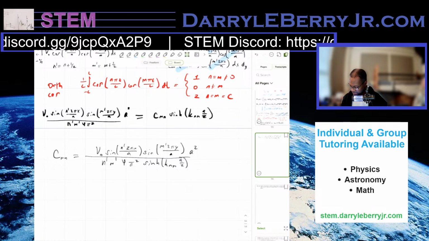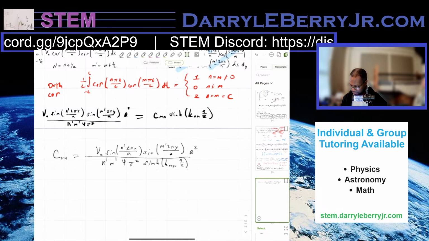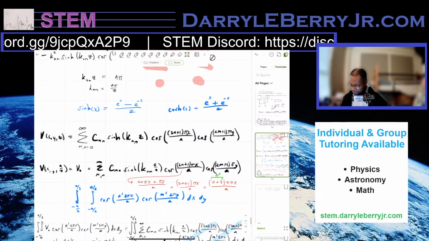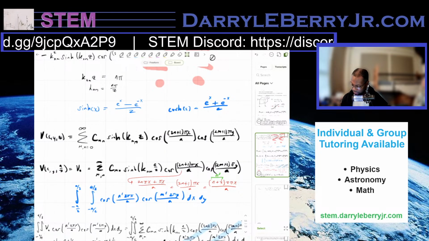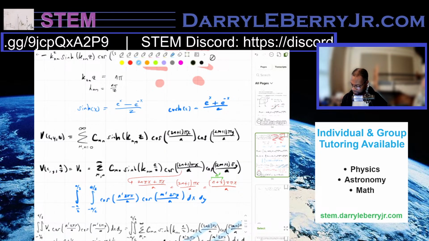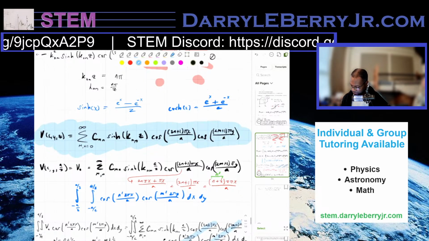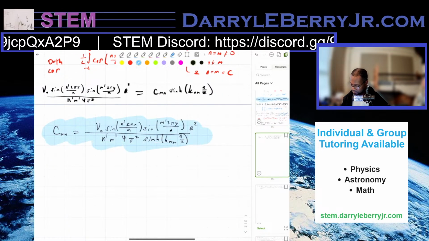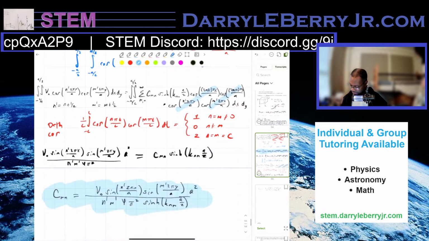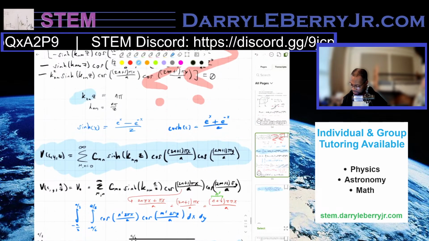So we say I have C_mn. We have K_mn from earlier. So this is the potential we were looking for here. We solved for C_mn here, and we solved for K_mn here.